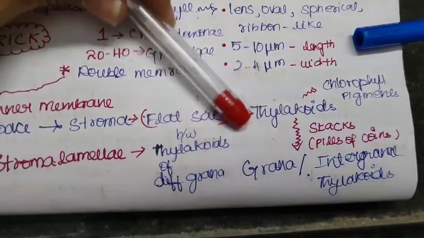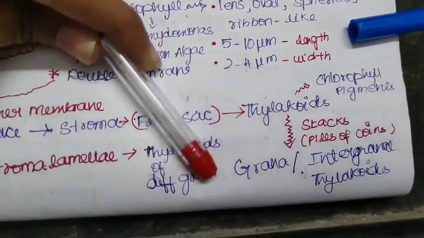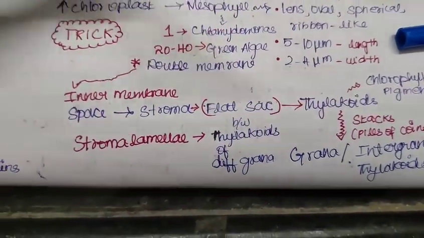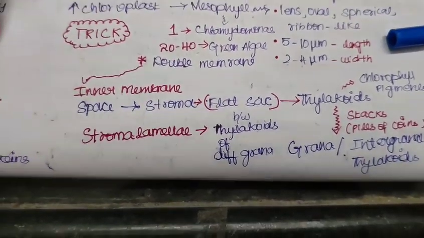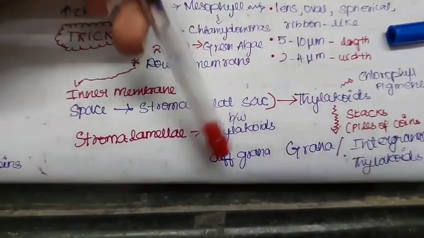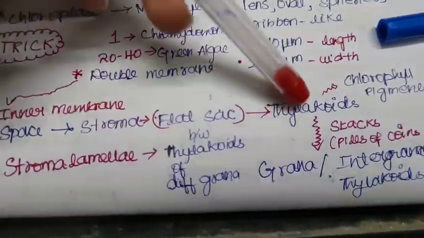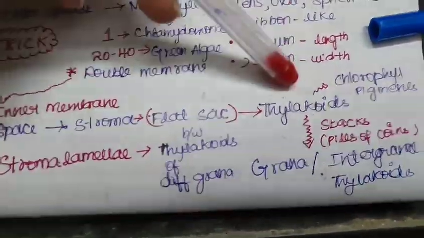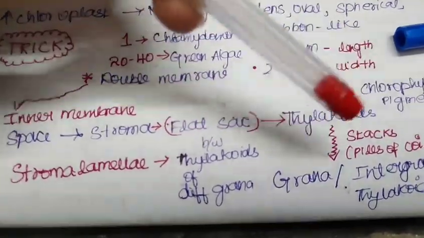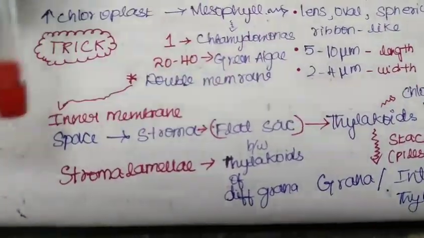So thylakoids together form a stack, which is known as the grana. Okay, what are thylakoids? Thylakoids are single flat structures. Grana is when thylakoids are arranged together. So between thylakoids of different grana, there will be stroma lamellae, or intergranal thylakoids.